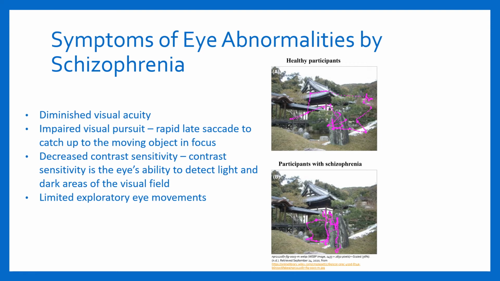And not only that, while looking at this scenery, when there was a visual pursuit, when there was a moving object, there was a little difficulty in maintaining that visual pursuit.